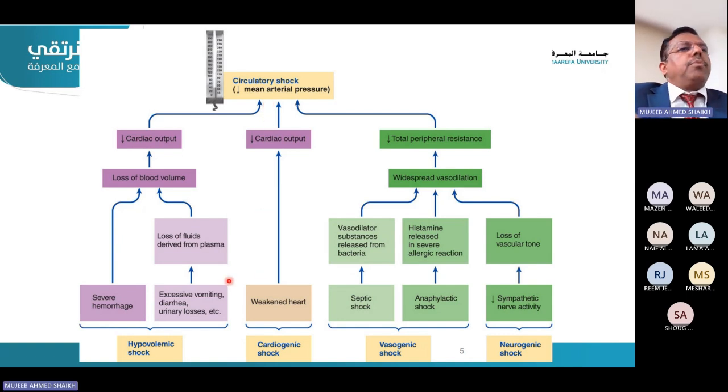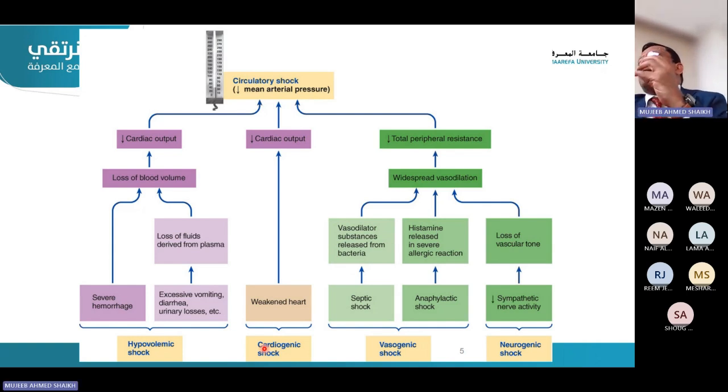This is the hypovolemic type. Now, cardiogenic shock. As we know, the function of the ventricles or the muscles of the heart is to pump the blood with some force. Let's say the person suffered from myocardial infarction, massive myocardial infarction. Let's say 10 to 20% of the muscle is lost.